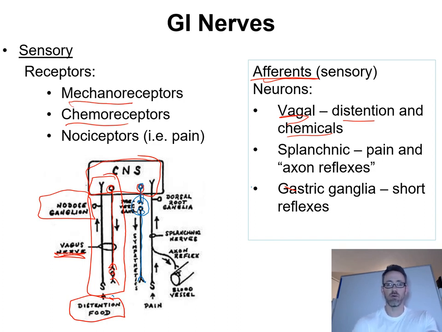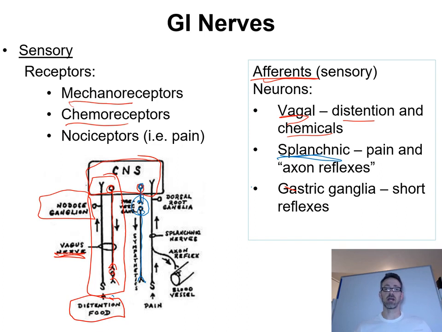Now, the splanchnics. The splanchnic nerves, the splanchnic is really just referring to a lot of the abdominal cavity organs that are innervated by it. So, for example, the liver, the pancreas, the spleen, the kidneys, the small intestines, the stomach would all have splanchnic innervation.